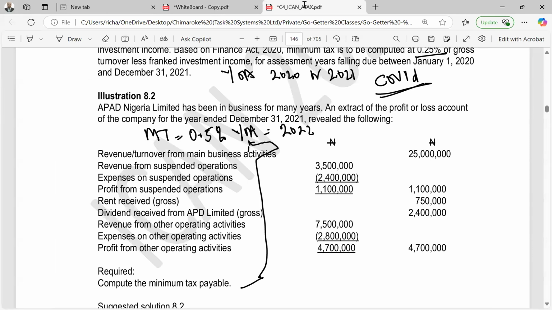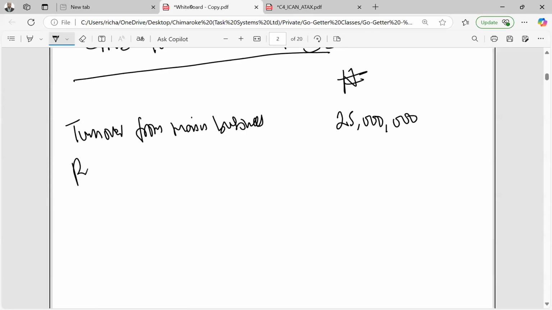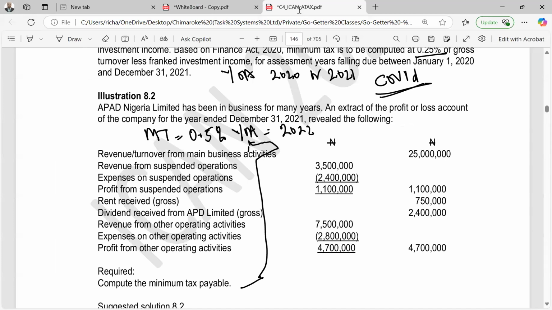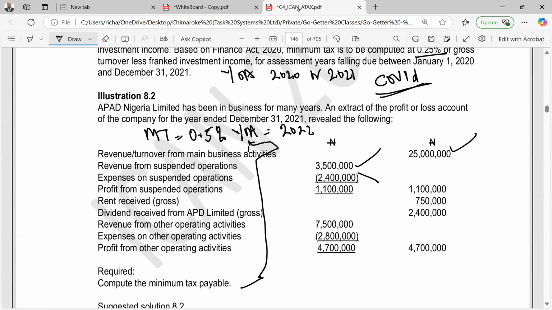So we have revenue from suspended operation, 3.5 million. Then we also ignore, so we've taken this, taken this, we ignore this. Then this is rent received gross.